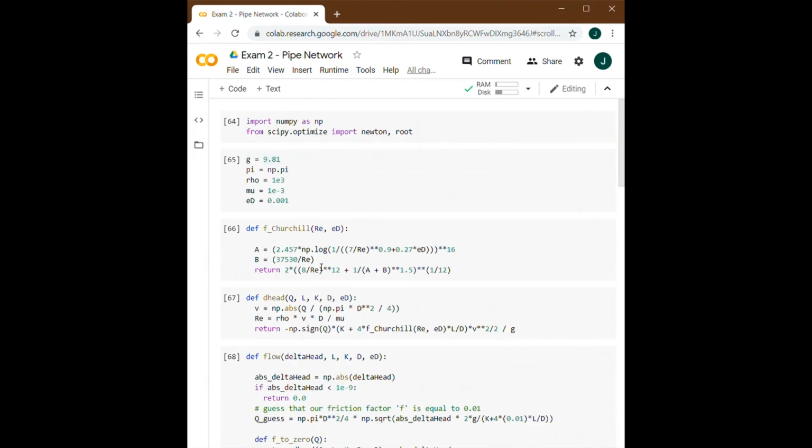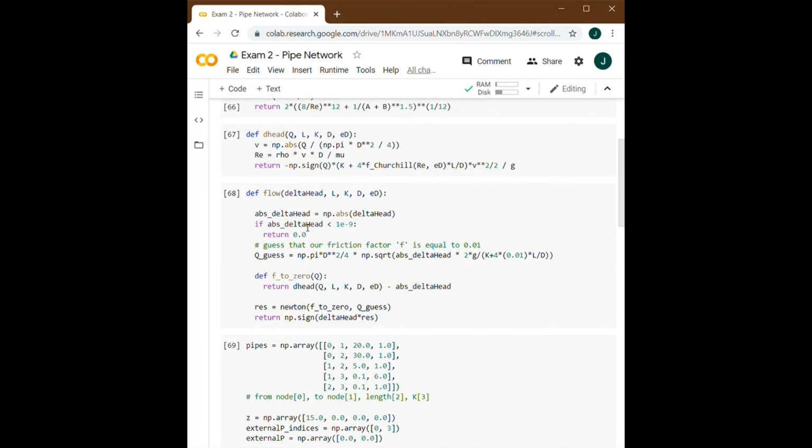So going up to our flow function, we have our delta head, L, K, D, ED. So you have ab absolute value delta head equals numpy absolute value delta head. Okay, that works.